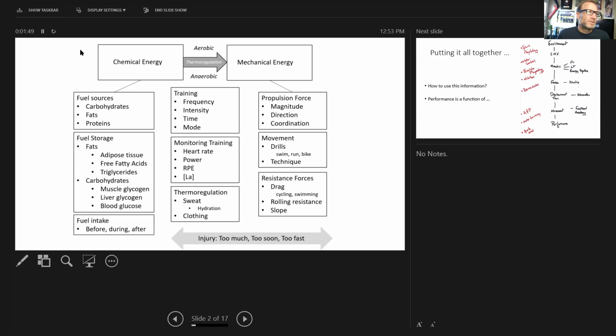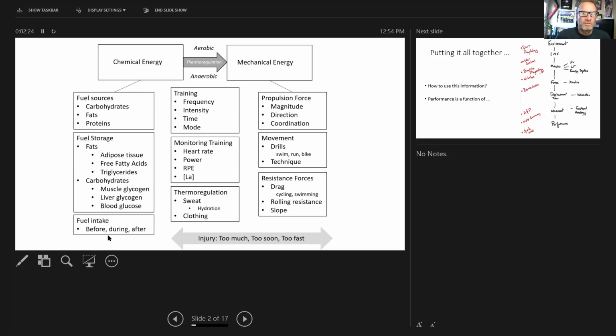Now, under chemical energy in this class, we've really focused in on fuel sources: carbohydrates, fats, and proteins. We talked about storage of those fuels. We've talked about fuel intake before, during, and after. And that's really been the focus of what we've covered in this class. There's much more information out there on this aspect of fuels: types of fats, types of carbohydrates, how much processing is involved, using processed food versus naturally occurring foods.